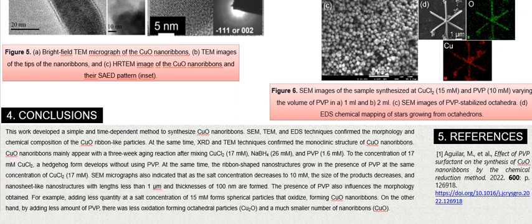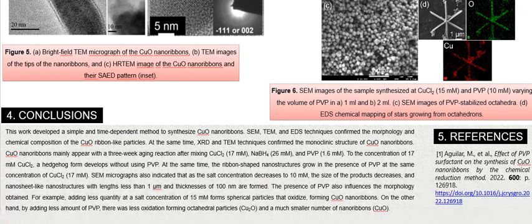A hedgehog form develops without using PVP. At the same time, the ribbon-shaped nanostructures grow in the presence of PVP, and some nanosheet-like nanostructures with lengths less than 1 micrometer and thicknesses of 100 nanometers are formed. The presence of PVP also influences the morphology obtained.